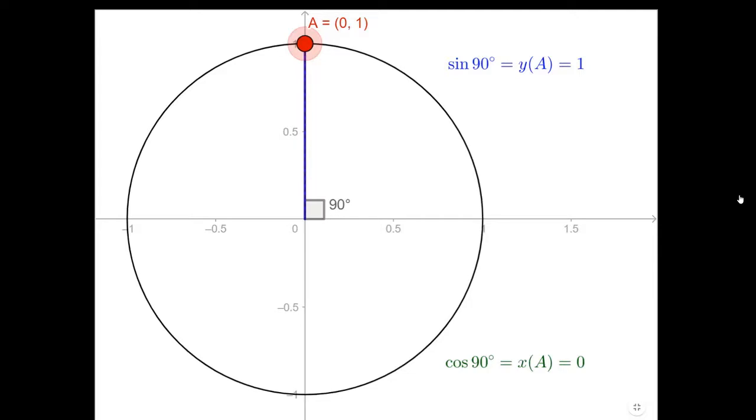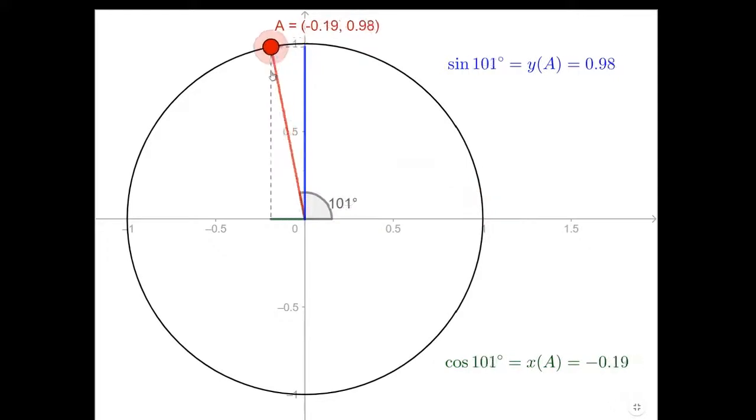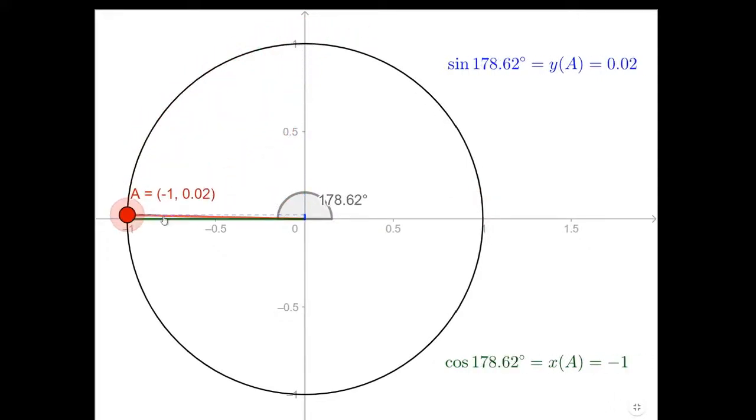Now guys, another importance of using this circle to understand trigonometry is, when we draw a triangle, we cannot go for all angles, because the maximum angle we can go is just below 180.